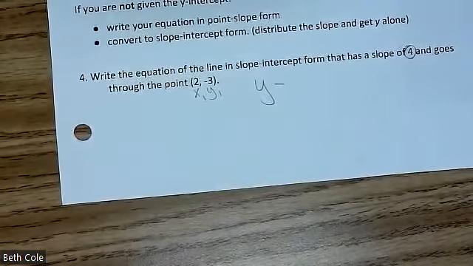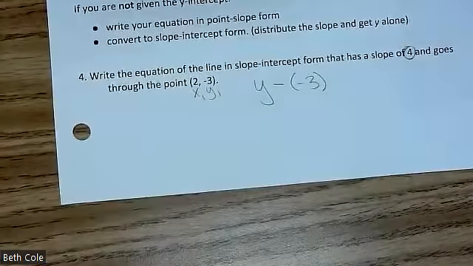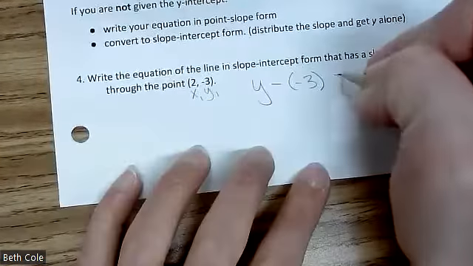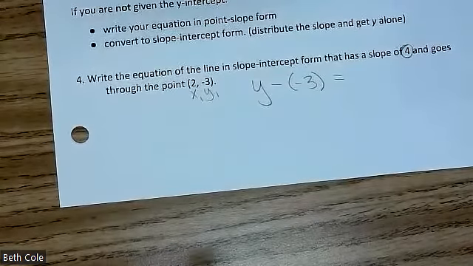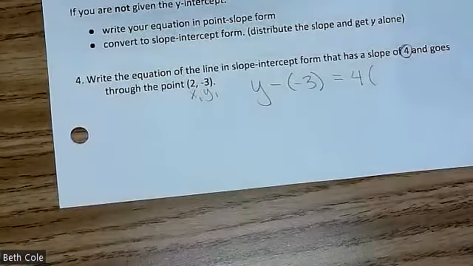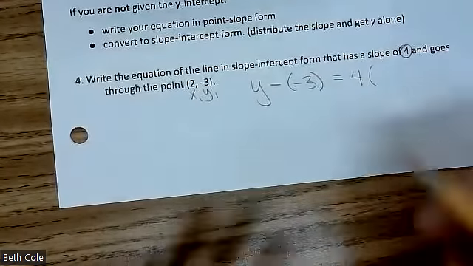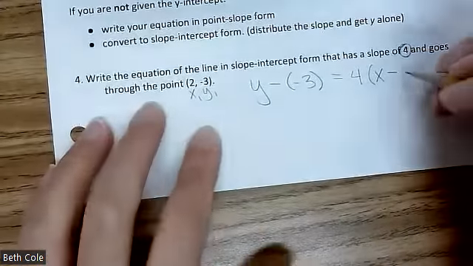What number is y1? Negative 3. Y minus y1 equals m. What's m? Slope, which is 4. Parenthesis, x minus x1, which is 2.